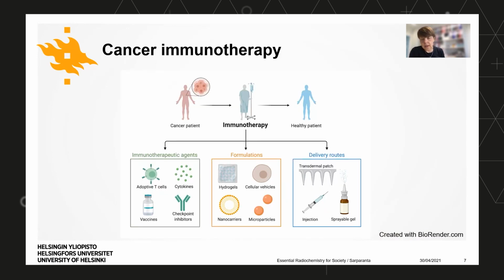This is just a quick overview of the diversity of immunotherapeutic agents that are out there. And I will focus on whatever is there on the left. So adaptively transferred T cells, different cytokines fall into this category also, checkpoint inhibitor antibodies, and then different vaccines that are supposed to elicit the endogenous cytotoxic T cell and NK cell populations to detect those cancer cells again.